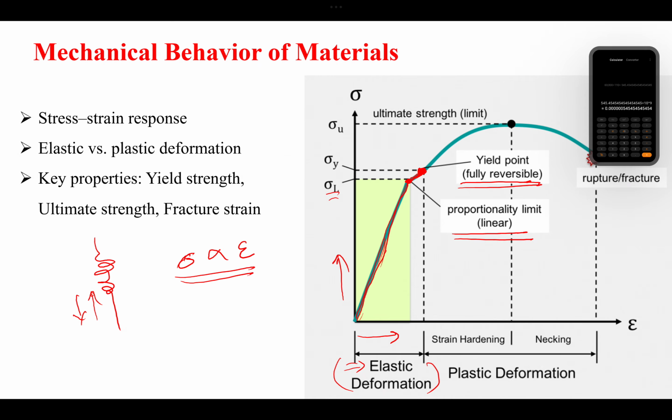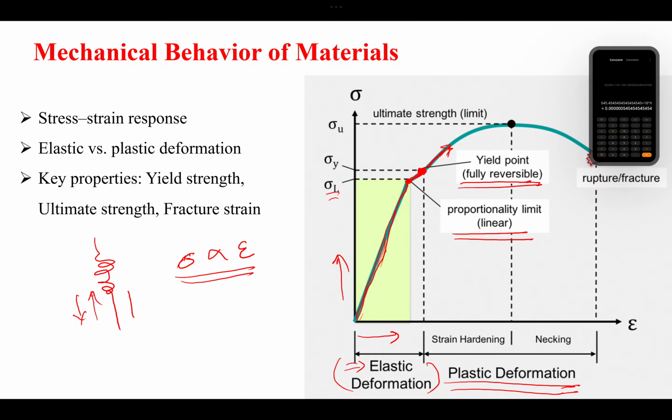But if you cross this limit, okay, you go above the yield point, that is your plastic deformation region, which means that once you are in that region, the body will be deformed in a sense that it will not be able to recover itself to its original position.